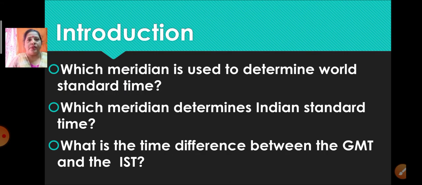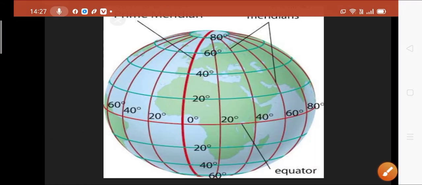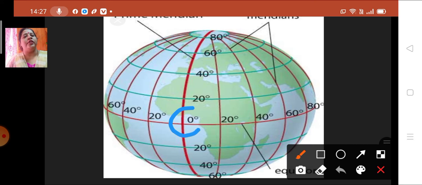First of all, whatever we have learned in our previous classes, just answer these questions. Which meridian is used to determine world standard time? Yes, correct. The meridian which is at 0 degree.